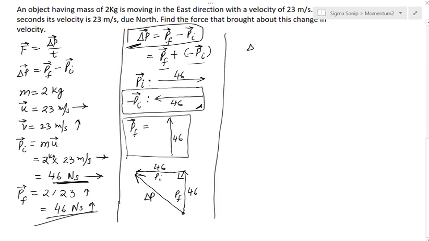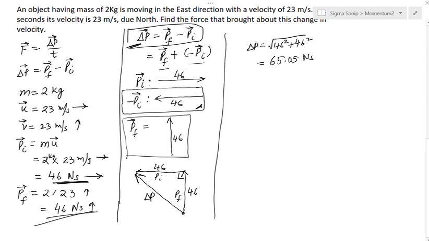So delta P is equal to the square root of 46 squared plus 46 squared, which gives you, just use the calculator, 65.05 Newton second. At this stage I should remove the arrow because I'm just talking about the magnitude here.